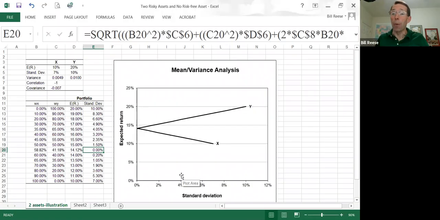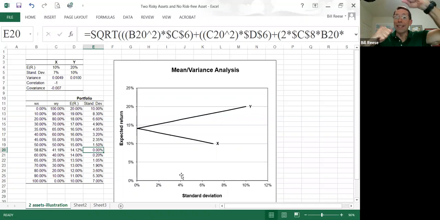We did an example of that in one of our earlier videos when we talked about the house that was worth $100,000, and we bought a homeowner's insurance policy on it. And the homeowner's insurance policy was worth nothing while that house was still standing. But if the house burned down, all of a sudden the homeowner's insurance policy was worth $100,000. It paid off.